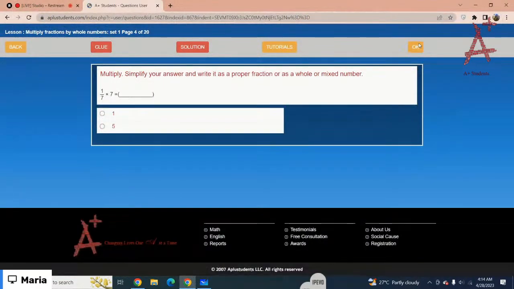Okay, which is the correct option, 1 or 5? Which one is the correct one? If you already know the answers, you can just write down the answer in the chat box.